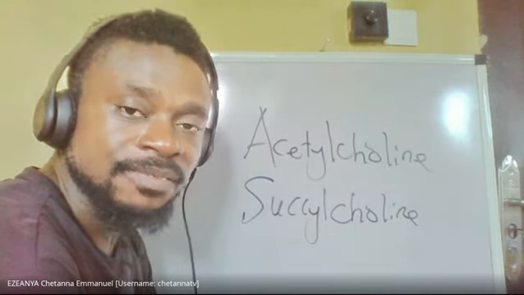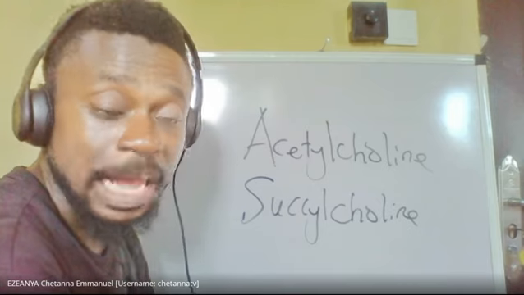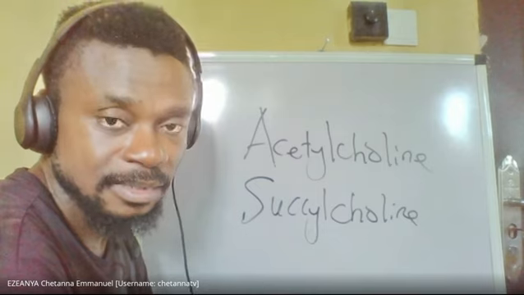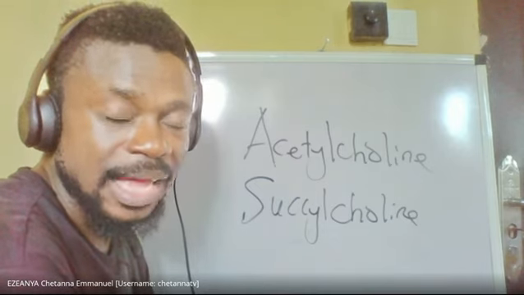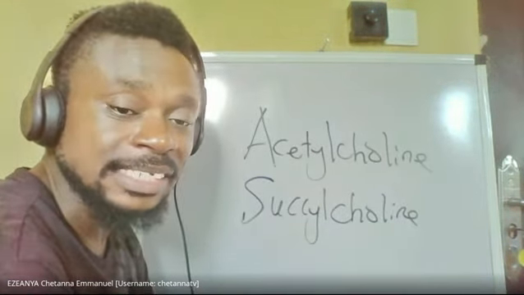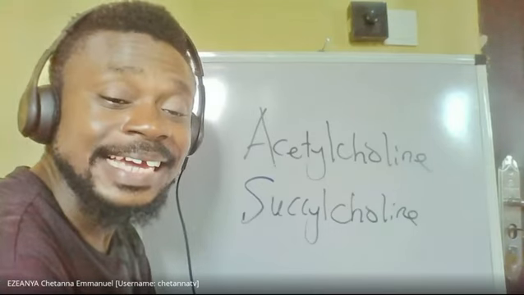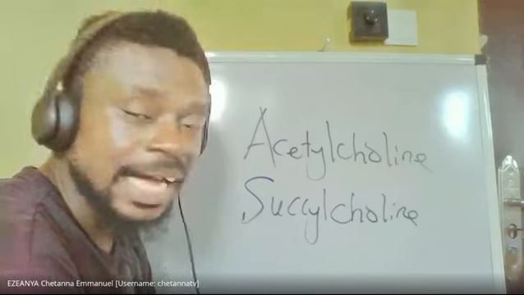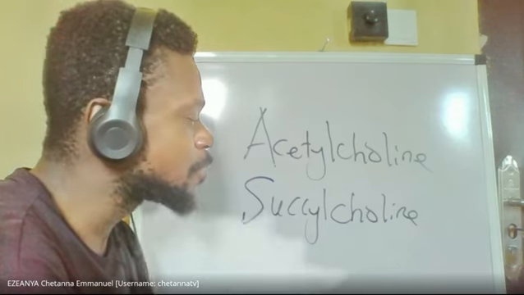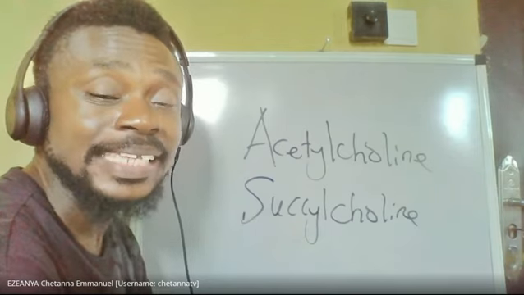What side effects can this drug give? They can cause drowsiness, seizure, hypotension, muscle weakness, and even arrhythmias. These are the adverse effects of this drug. They are contraindicated in those with a history of hypersensitivity to it, or a history of malignant hyperthermia.